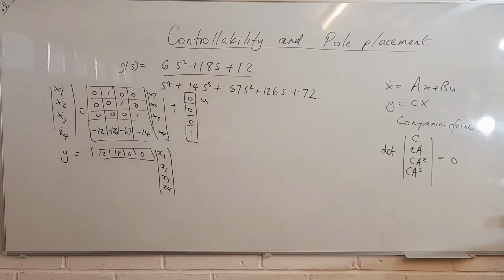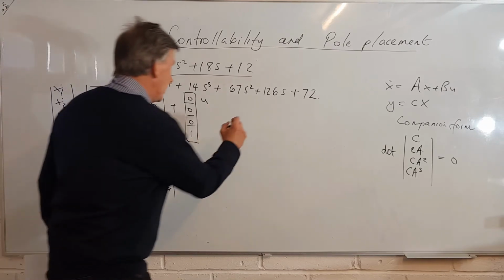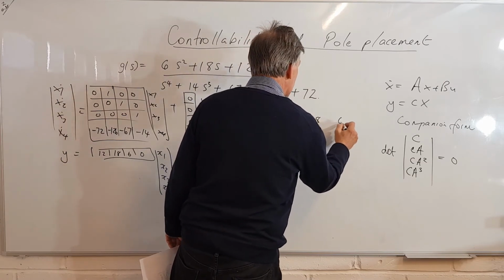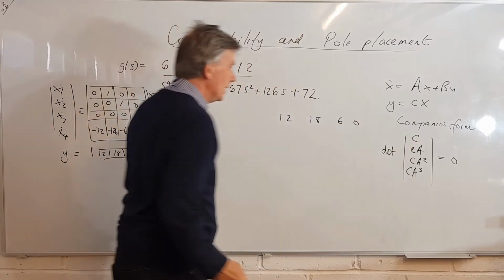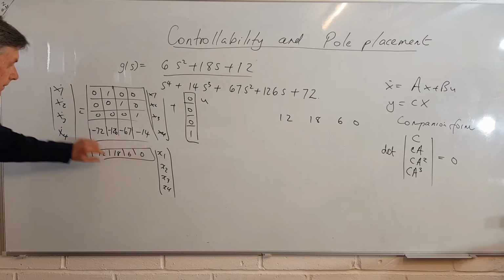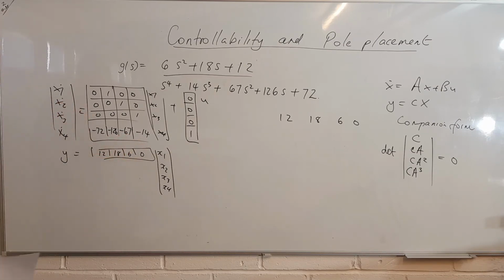The next thing we have to do is compute the controllability matrix, or in this case the observability matrix. We can write down C first. That's going to be 12, 18, 6, 0. Now what we've got to do is multiply the C by the A. So we're going to multiply this array by this matrix.